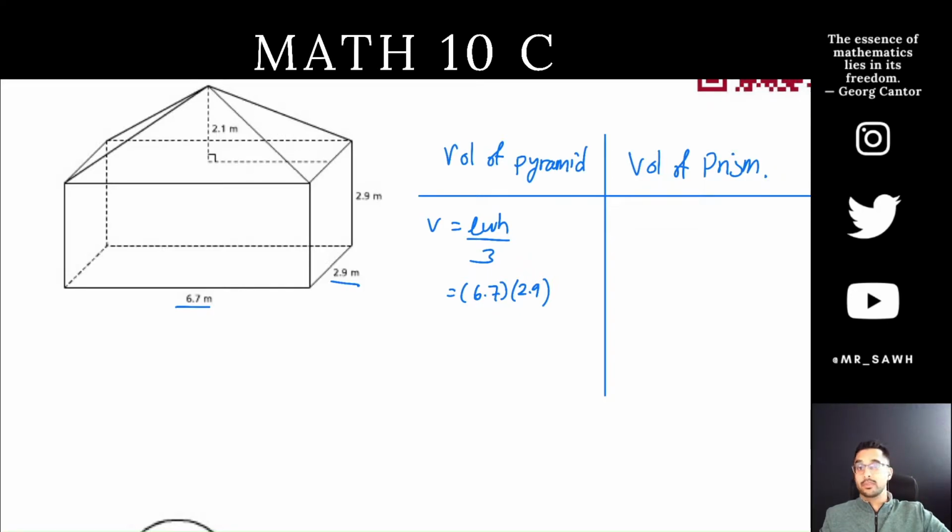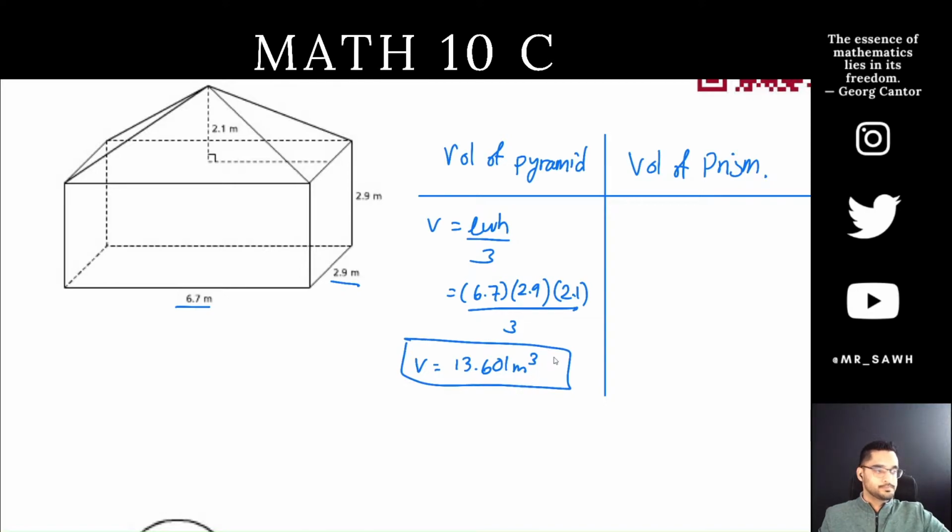The slanted height we would use for surface area, so vertical height is the one we're looking for, 2.1 meters. Divide by 3, and you can grab your calculator and put all that in. I've done that ahead of time to save us a little time, and that number works out to be 13.601 meters cubed. Units are important for volume, so meters cubed.